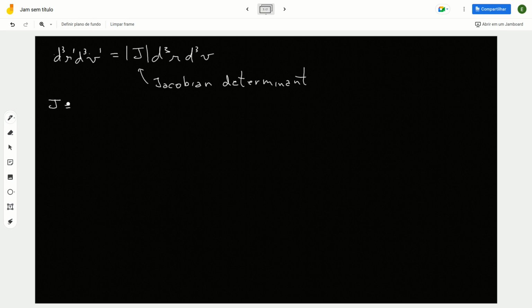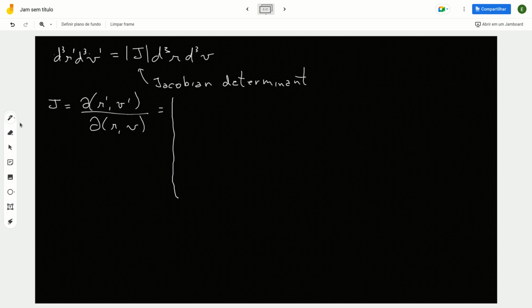The Jacobian is this derivative. Sometimes they use this notation as well, which is a determinant. This is actually the modulus of the Jacobian. J as the Jacobian, this is the modulus of the Jacobian determinant. The determinant is this one.